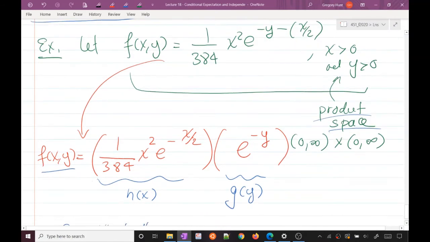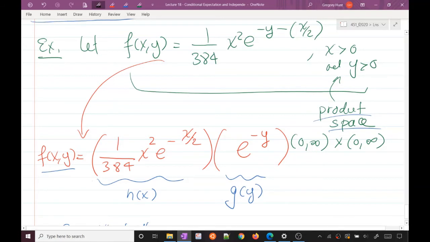Go think about it and try to integrate this thing out. If you try to find the marginals, it involves a really nasty integration problem.